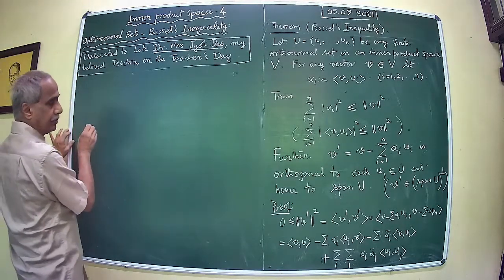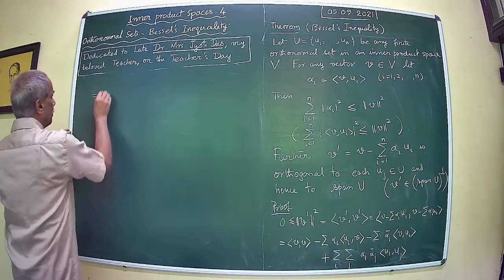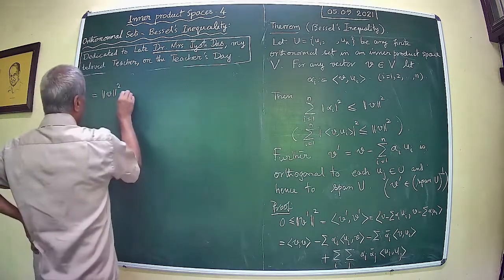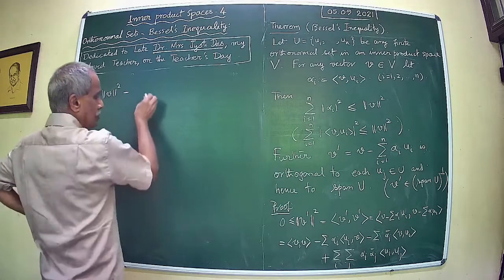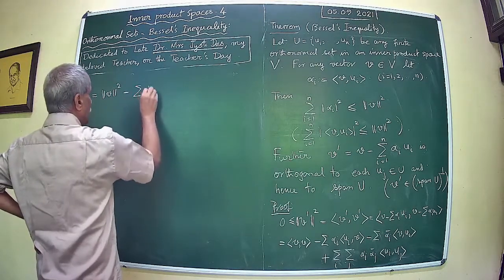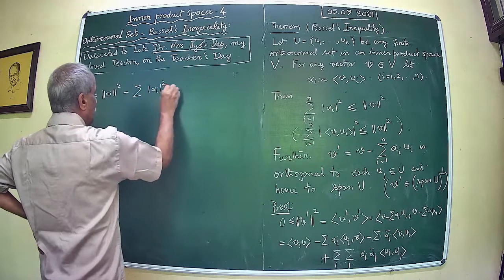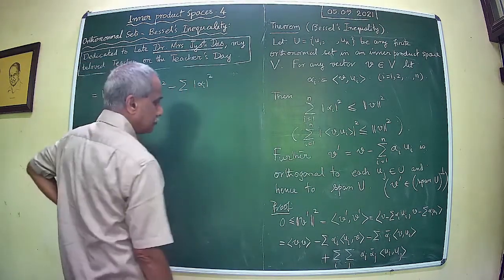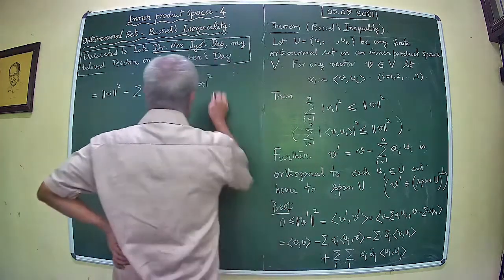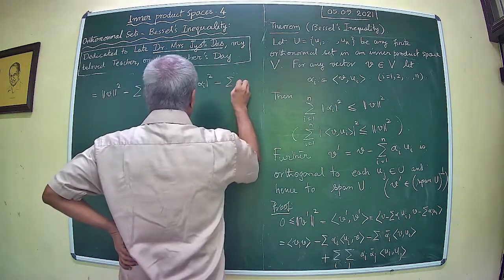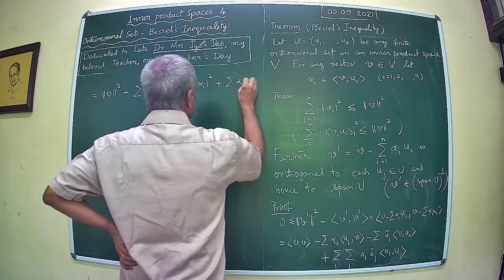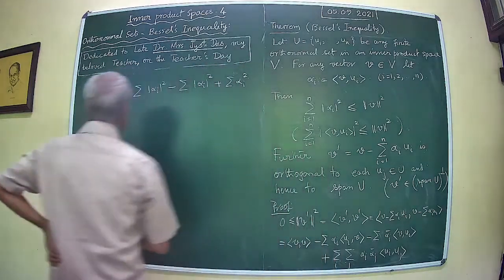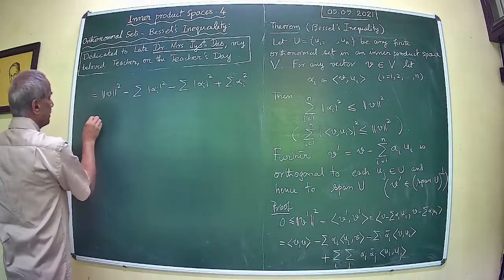So we have this is equal to the norm of v squared minus sigma mod alpha i squared, and that gives you the following.